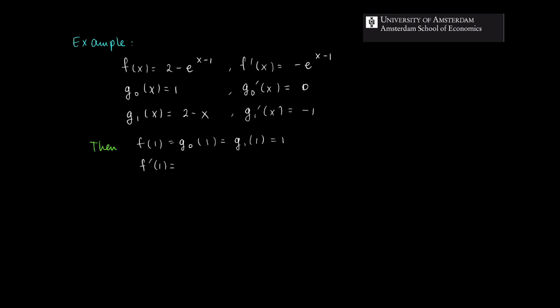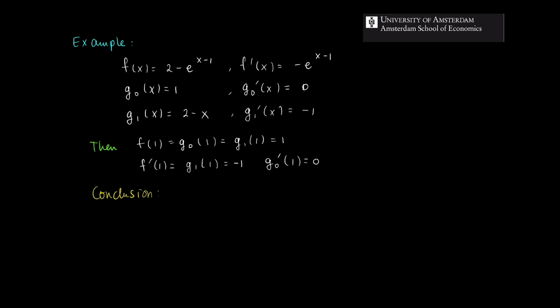If we then calculate the derivatives, we see that the derivative of f in 1 equals the derivative of g1 in 1. They equal minus 1. However, g0 prime is 0, of course, since it's a constant function.